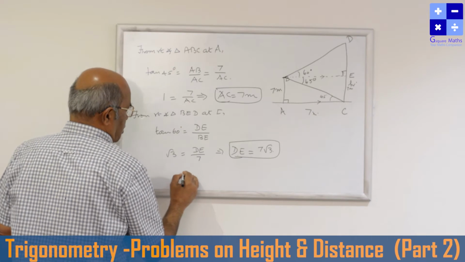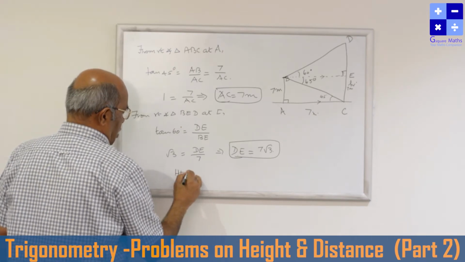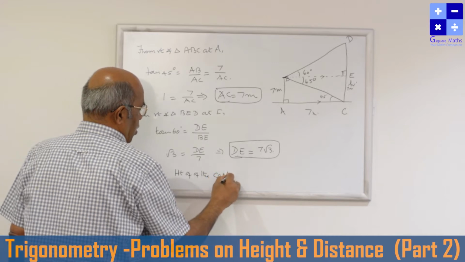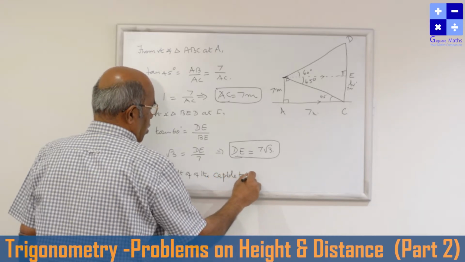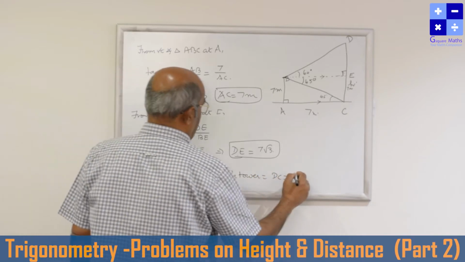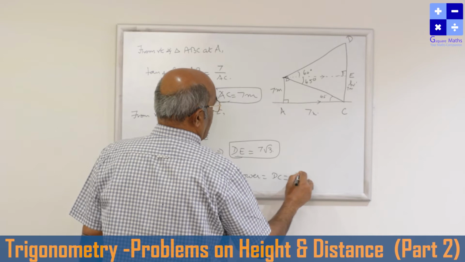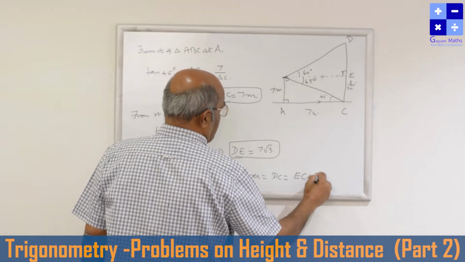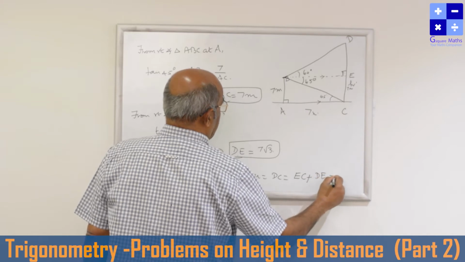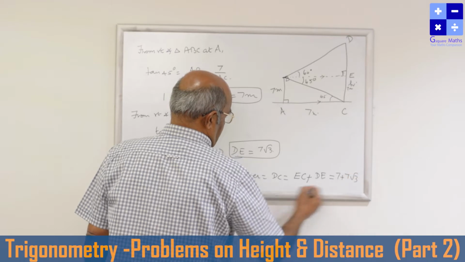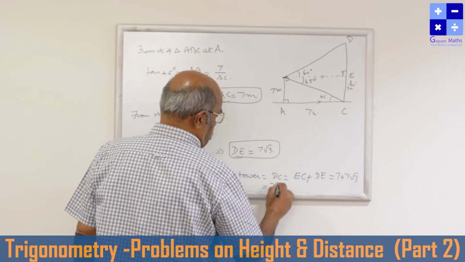So the height of the cable tower is equal to DC, which is equal to EC plus DE, and EC is equal to 7 and this is 7 root 3. That is nothing but 7 into root 3 plus 1.